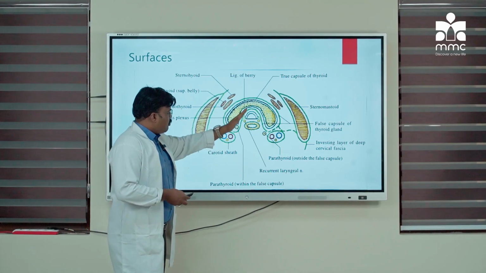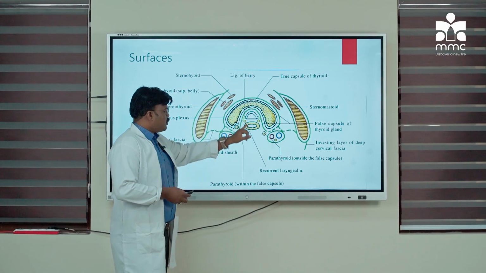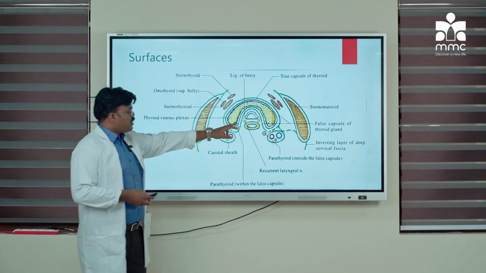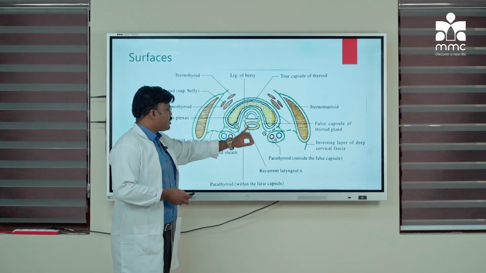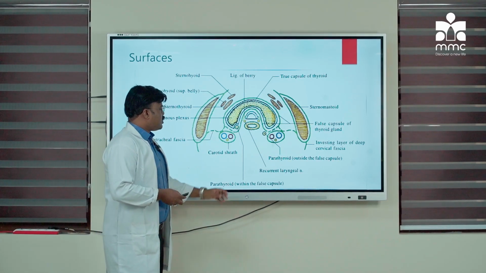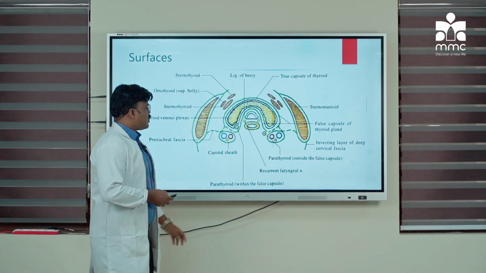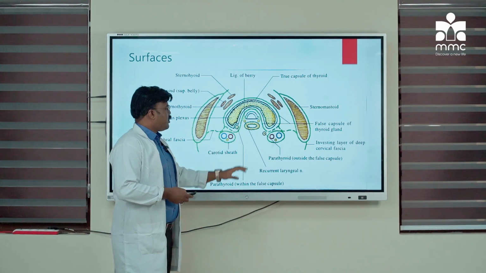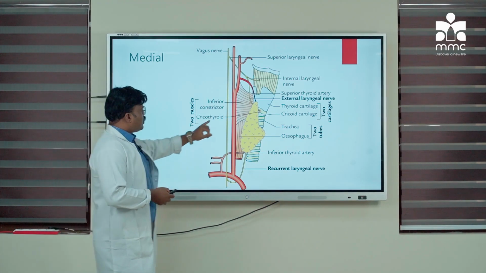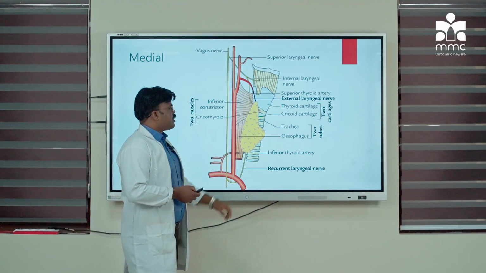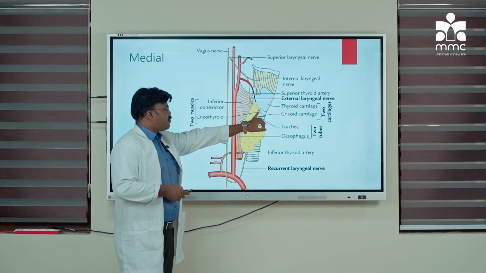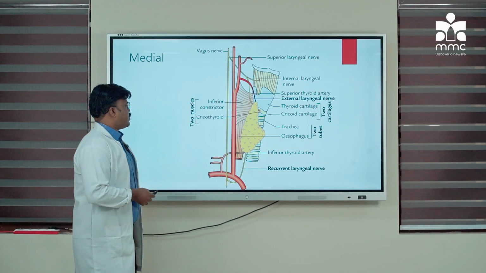The medial surface is related to two tubes, that is the pharynx continuous with the esophagus, and the larynx continuous with the trachea. It is related to two nerves, the recurrent laryngeal nerve and the external laryngeal nerve. And it is also related to two muscles, the inferior constrictor muscle and the cricothyroid muscle.